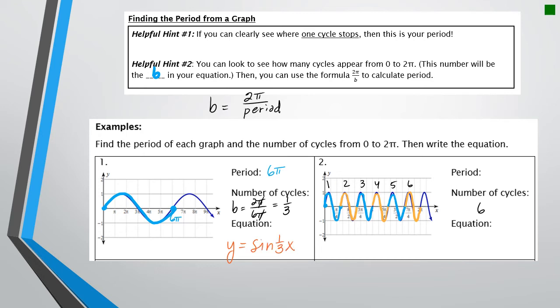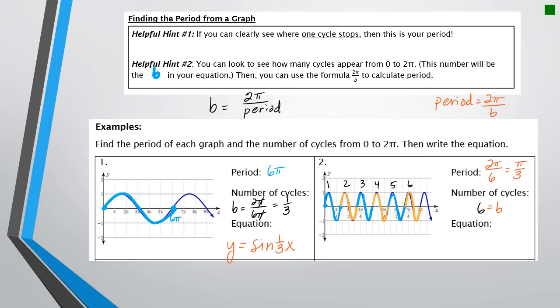Now for number 2, I was able to figure out the number of cycles, but I don't know what the period is. So I'm going to use this formula, where I'm going to say period is 2 pi over b, because I know that 6 is my b value. So if I did 2 pi over 6, which is my b value, and I reduced it, I would get pi over 3.